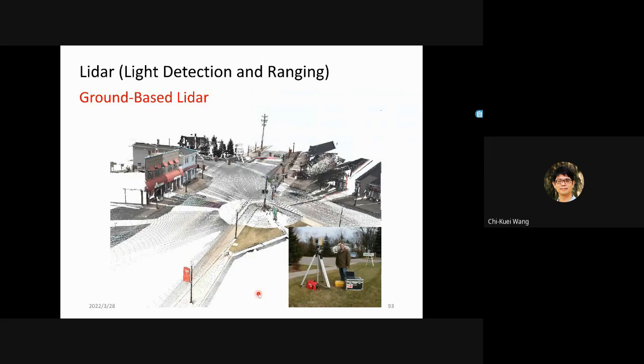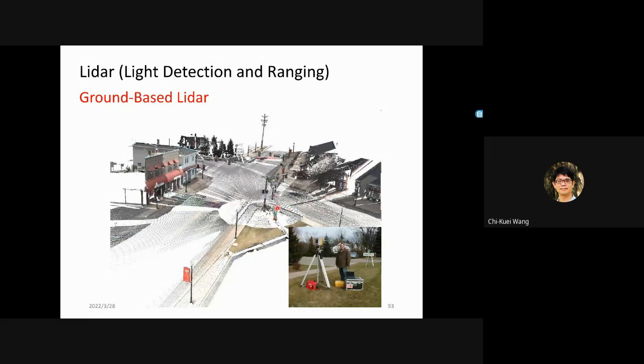The other example is this. With one man doing the job, we put this scanner on a tripod and scan at this location. Actually, other locations are being scanned as well, so the whole thing looks complete.